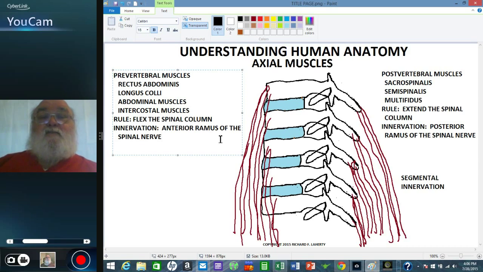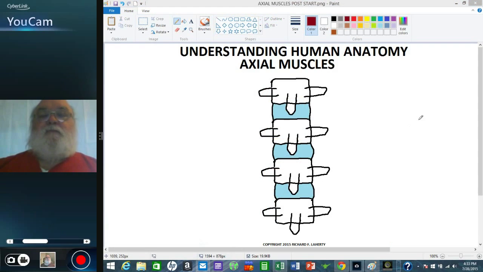Now, in the next slide, what I want to do is look at the axial muscles from the posterior point of view. The rule I gave you, that prevertebral muscles flex the spine and postvertebral muscles extend the spine, is true when the muscles on the left and right side of the body act at the same time. They act together.